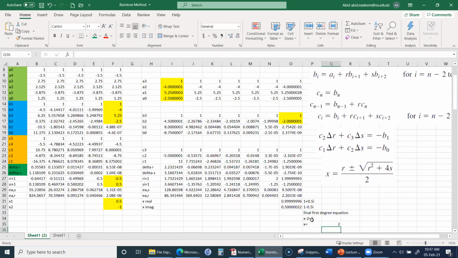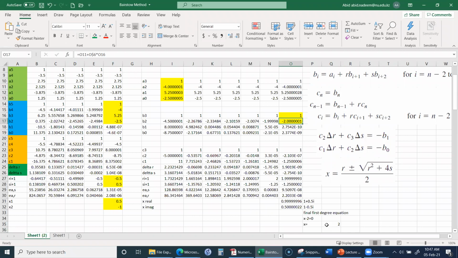So this is the fifth root. Simply we can find the fifth root from here, because the coefficient of x is 1, and the coefficient of x to the power 0 will be minus 2 from here.